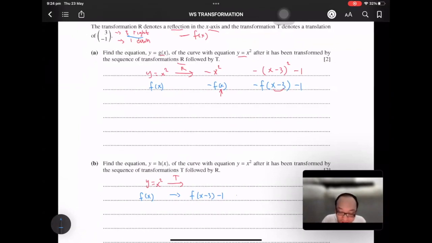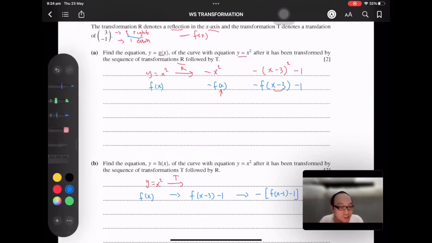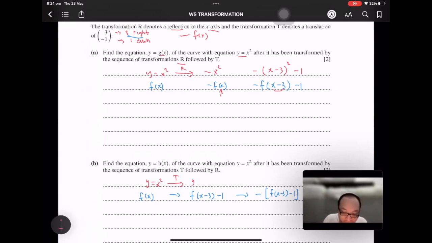And after that, under the transformation R, reflected by the x-axis, we make it negative of this function minus 1. So the result, this will become y equals (x minus 3) squared minus 1.